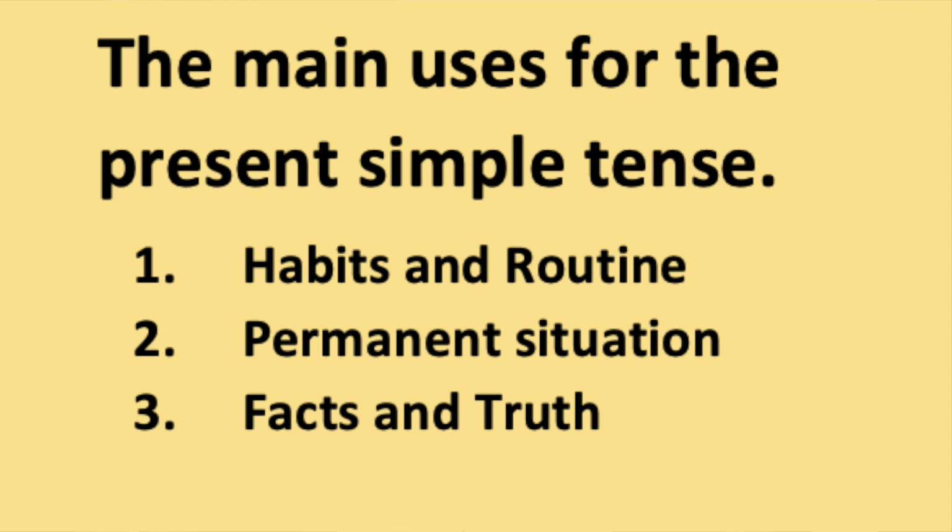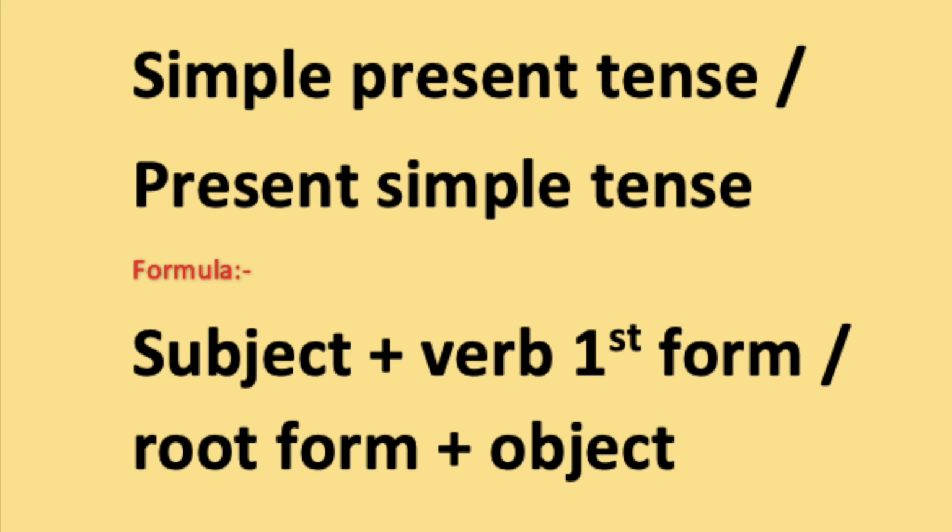Okay. Simple present tense is the basic tense of the English language and it is very easy to learn. You can make a simple present tense with subject plus first form of the verb or root form of the verb plus object.